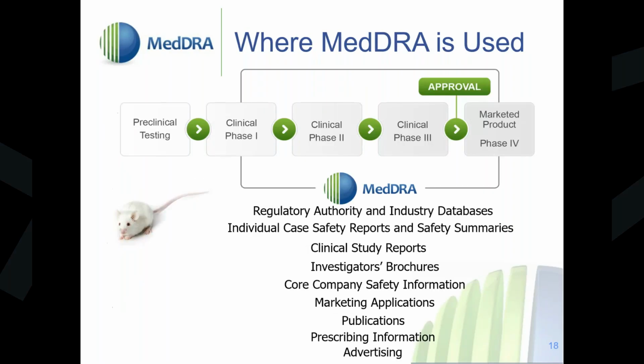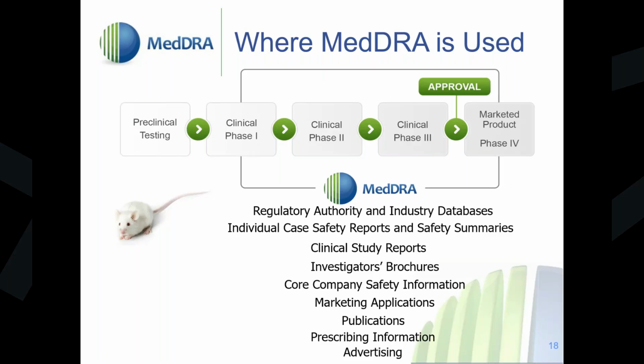The MedDRA terminology applies to all phases of development of medical products for human use. The only exclusion is animal toxicology. But the terminology was developed for regulators and the regulated medical product industry in both pre- and post-marketing phases of the regulatory process. So it's used in clinical studies, in spontaneous adverse reactions and events, in regulatory submissions, and the regulated product information.